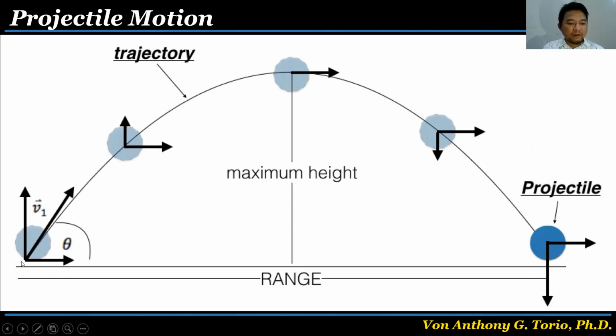The distance covered by a projectile from its initial position to a certain position along the horizontal is called range. Or you can generally call it displacement along X. Displacement along Y is associated with the change in the position of the object along the vertical.